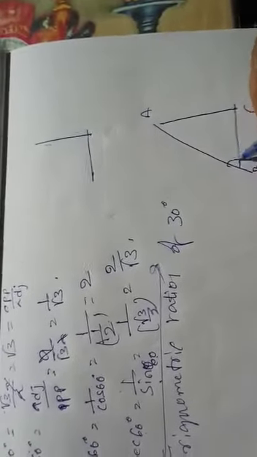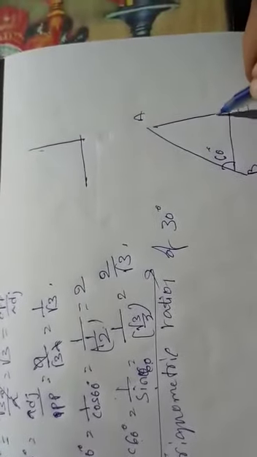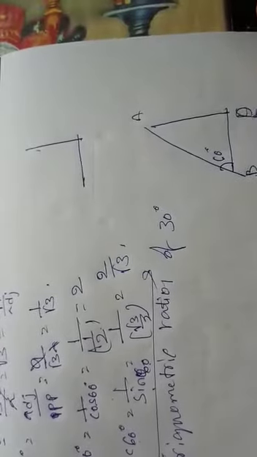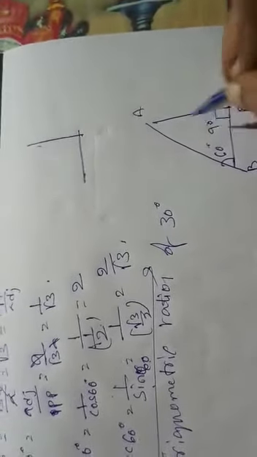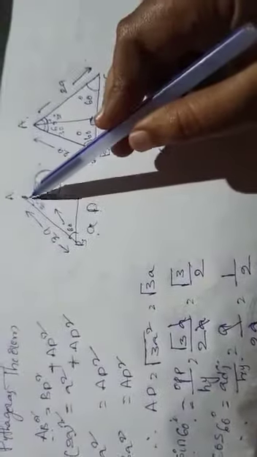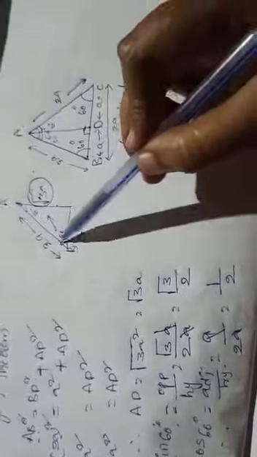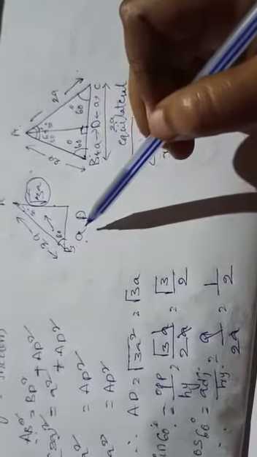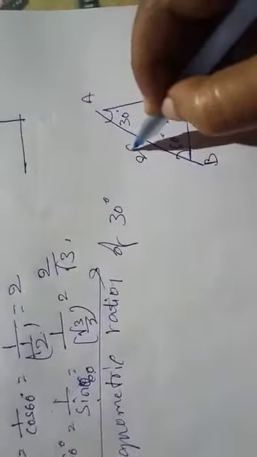We know angle B is 60 degrees, angle D is 90 degrees, angle A is 30 degrees. AB equals 2a, BD equals a, AD is root 3 into a.